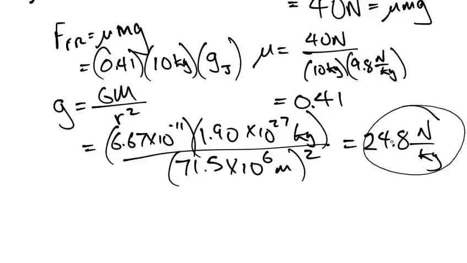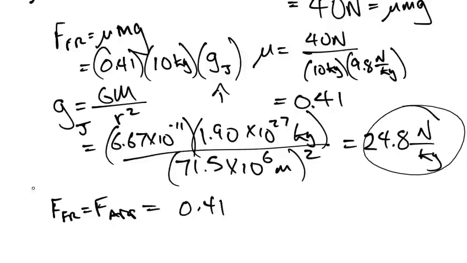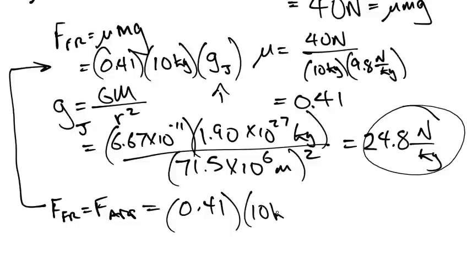So now what we do is we take this value of g on Jupiter and we'd like to put it into here to finish the problem. Once again the friction force is going to equal the applied force, and that's going to equal 0.41 times 10 times now a known value that we calculated, 24.8.